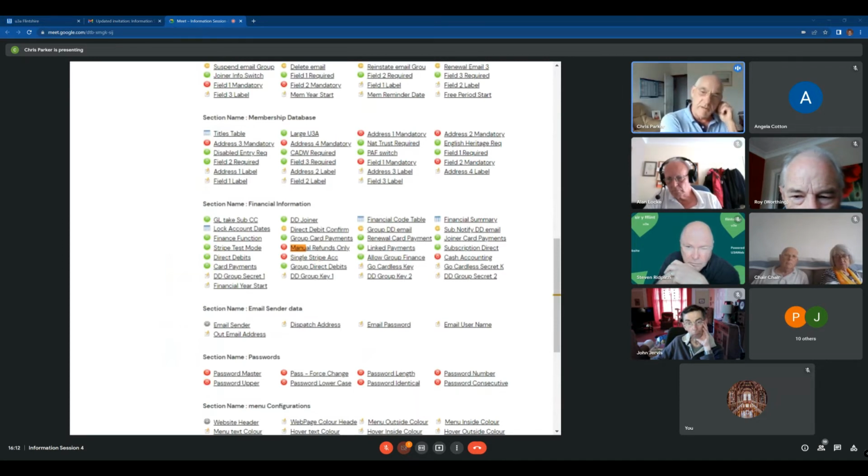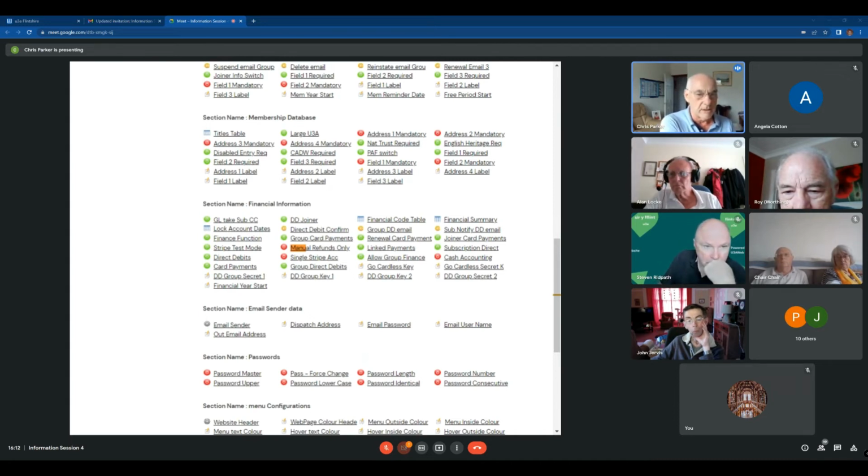So if you've got manual refunds only, it won't try to go to Stripe to credit credit card payments or anything like that. It's a bit round the wrong way, this switch. If it's switched off, that means you can give credit card refunds. If it's switched on, it's manual ones only. So I've got it switched off, and so that is allowing credit card refunds.